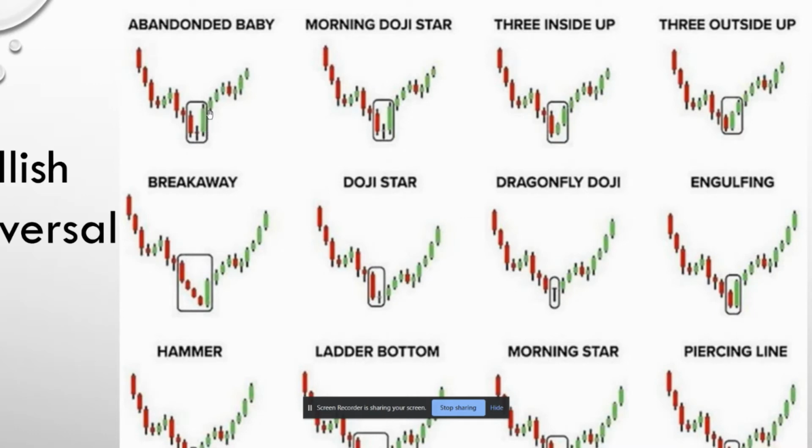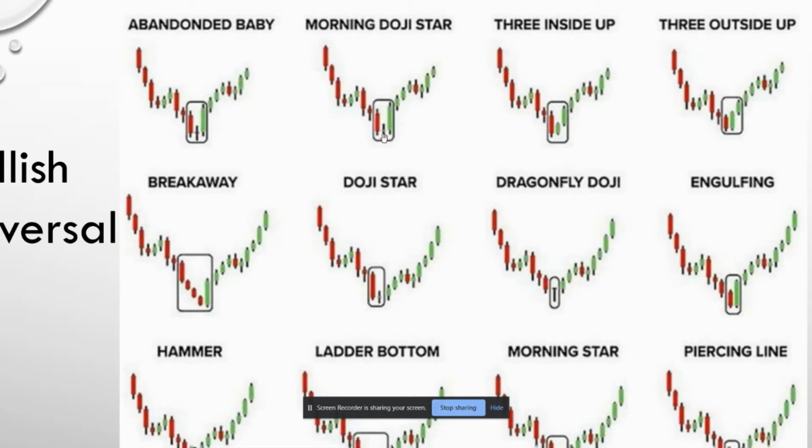It's a confirmation that the trend has changed and there has been a reversal towards the upside. If you also see here, this is called the morning doji star. Once you see this, it means there's a bullish reversal. It's almost like the abandoned baby. You see a bearish candle, and the difference is that this doji candle actually looks bullish.